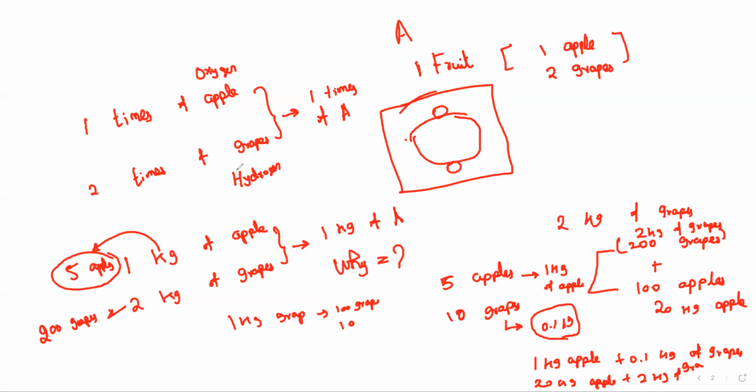If I take 1 kg of oxygen, then the number of particles will be lesser than the number of particles in 1 kg of hydrogen. Do you understand what I'm saying?